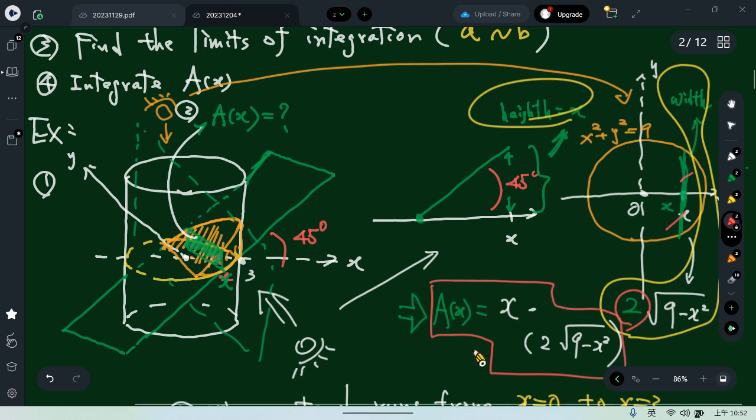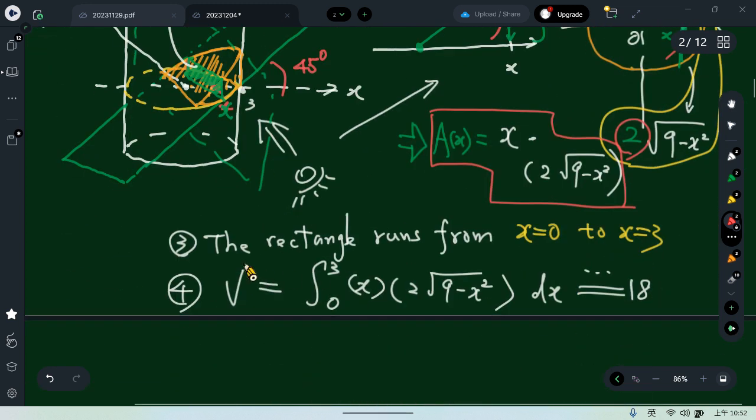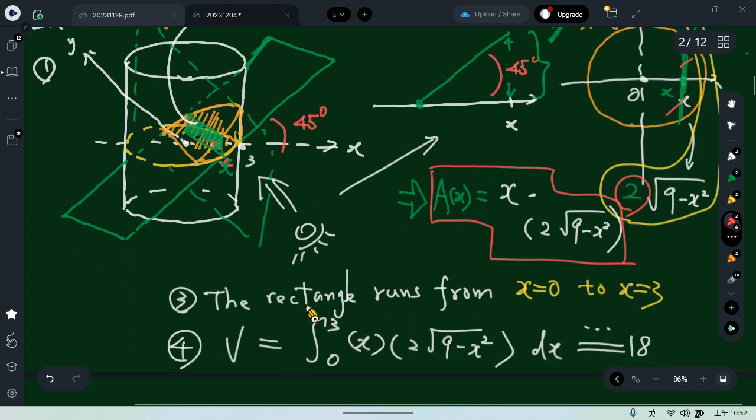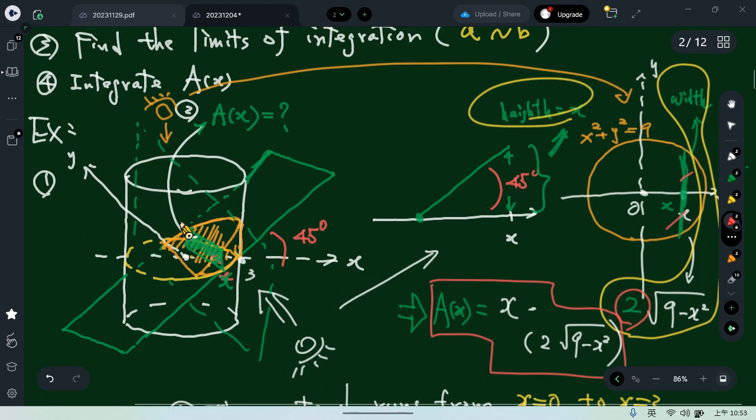The next part is we need to measure the range, the limit from x equal to 0 to x equal to 3. Then just try to calculate the integral of this. For calculation, I think it shouldn't be a problem for you, but the most important thing is how you measure the cross-section, the area of the cross-section.